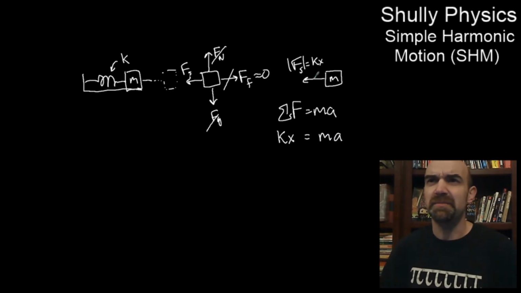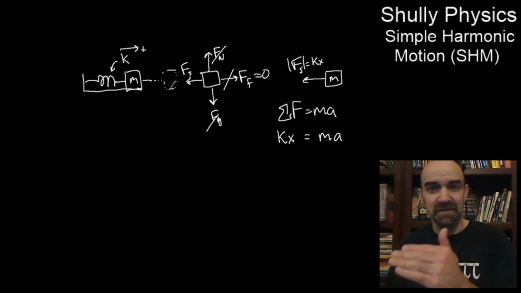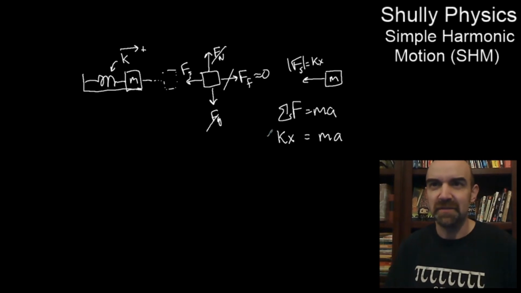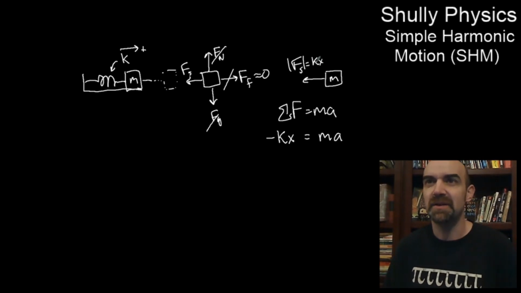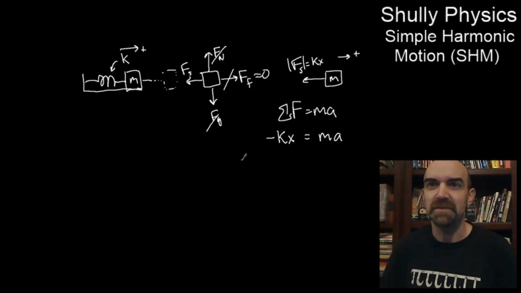And I should make a particular note here. If I'm calling this the positive direction, because that's the direction of positive displacement, this kx force is in the negative direction. All right? So we've got to the left is the negative direction by defining right as positive. All right, so we got a negative kx equals ma.